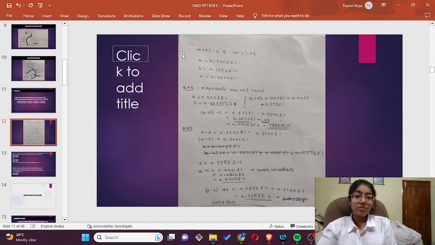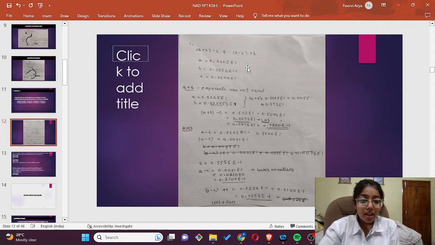So here, a plus b minus c not equal to, we have to prove this. The given value of a is 0.5665 mantissa and exponent 1, b equal to 0.5556 mantissa and exponent minus 1, and c equal to 0.5644 mantissa where exponent is 1.